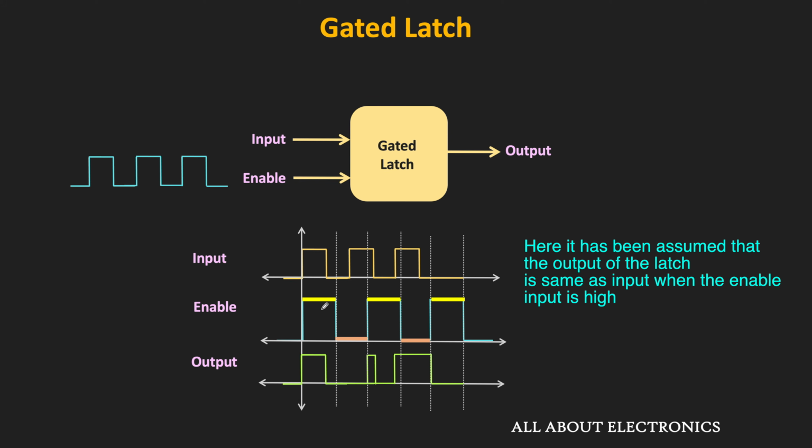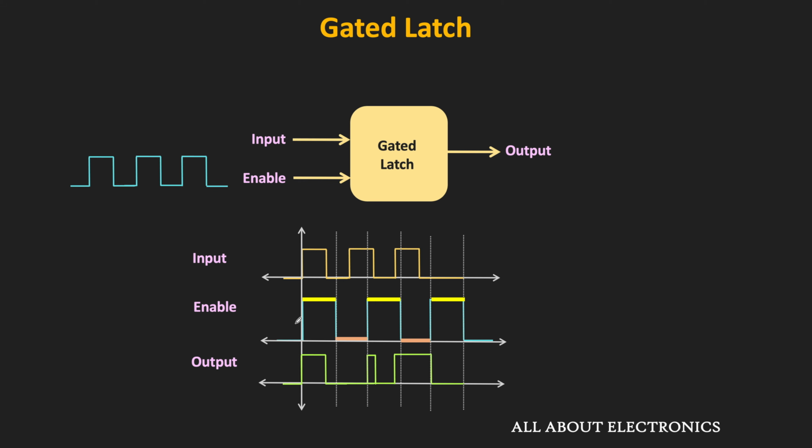So during the on time of this clock signal, when the enable input is high, the output of the latch is the same as the input signal. And after that, when this enable input becomes low, then even if the input signal changes, this latch will not respond to that input change. As you can see, it is retaining its previous state. So in this case, during the off time, it will remain 0.